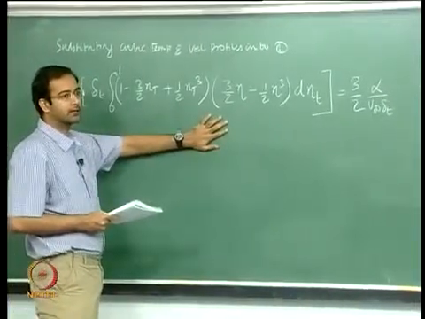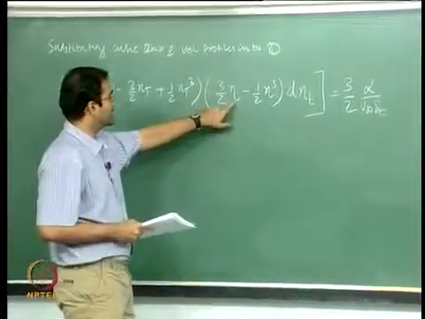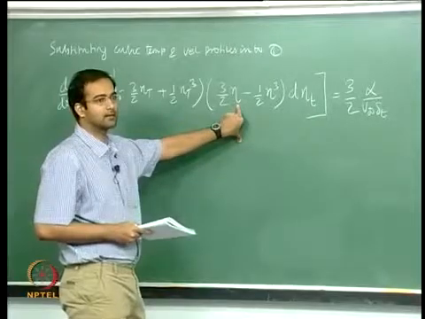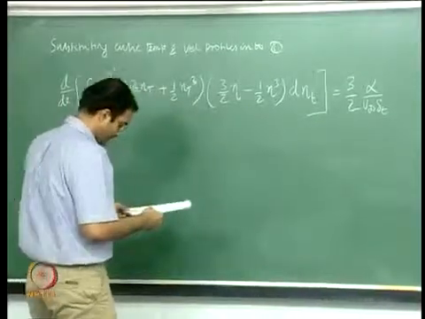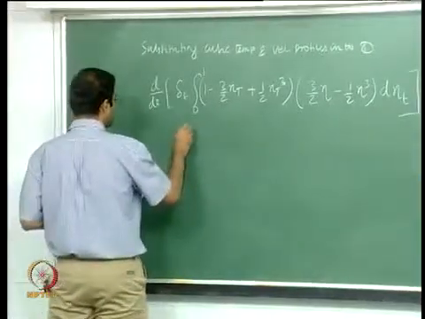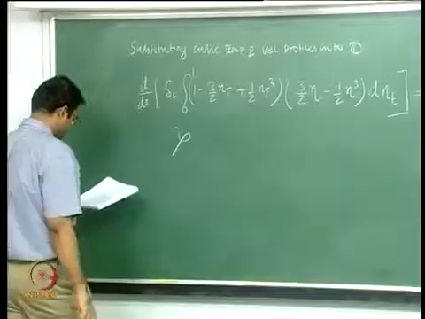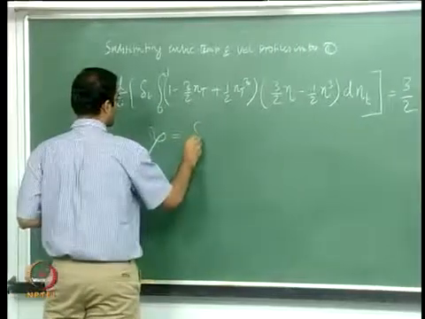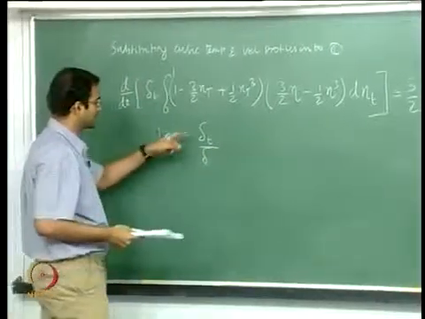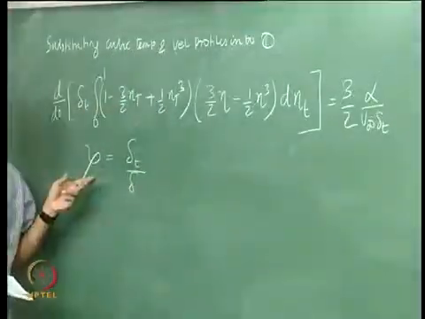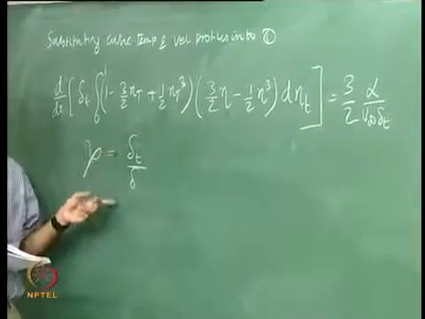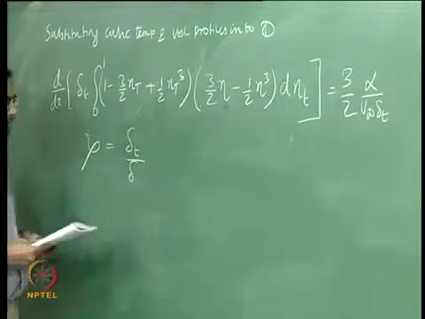Before we integrate it, we have to write eta in terms of eta t, because eta and eta t are both connected. So what we are going to do is introduce another non-dimensional variable, I will call this zeta, which is nothing but the ratio of the thermal boundary layer thickness to the momentum boundary layer thickness. Since this is the ratio of the two boundary layer thicknesses, this has to be a function of the Prandtl number.